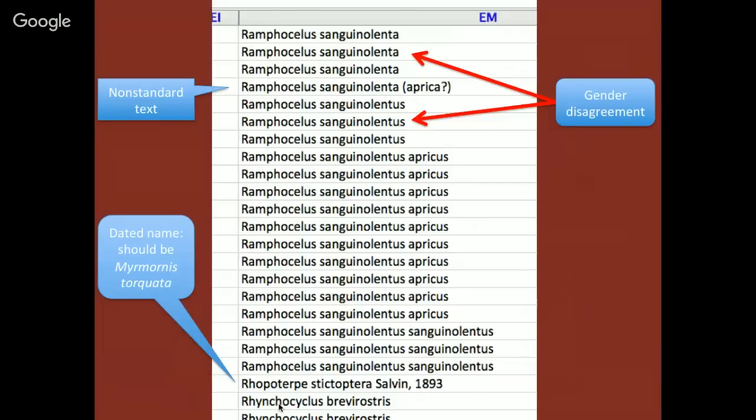And we want to find and flag that garbage, first of all, to avoid biasing our results, but second of all, also to avoid losing data. If you look at Ramphocelus sanguinolentus or sanguinolenta, we could easily lose most of our data or half of our data just because our authority list has a different name. If the authority list lists sanguinolentus, then all of those sanguinolenta go into the garbage can and we lose data.